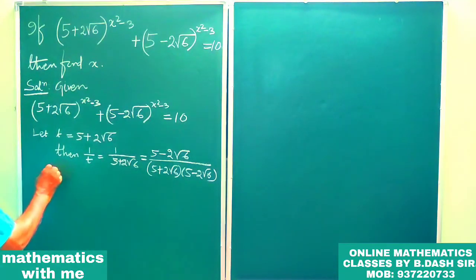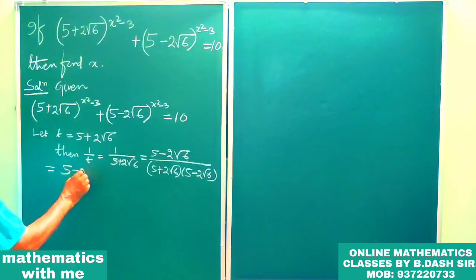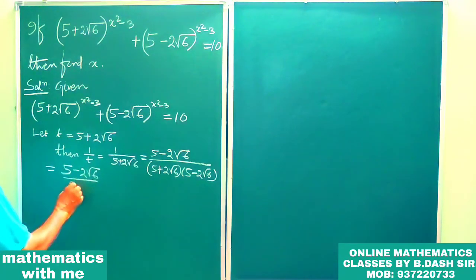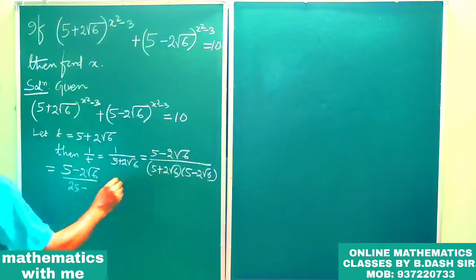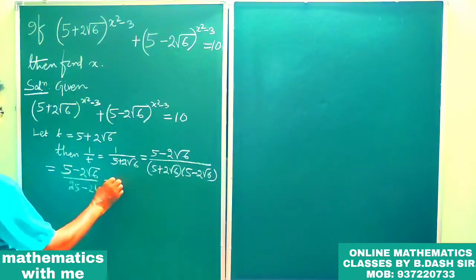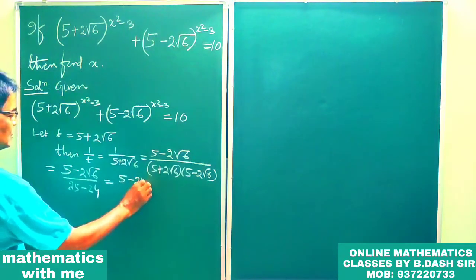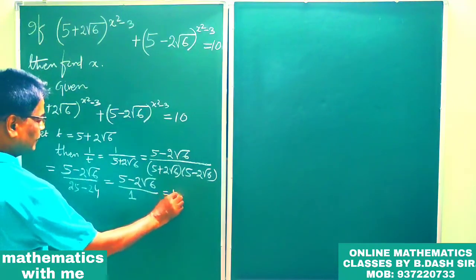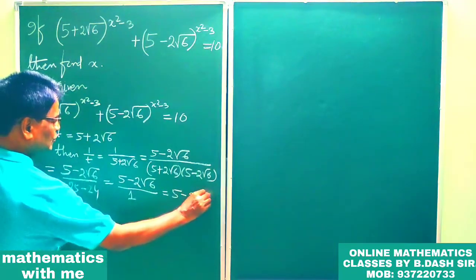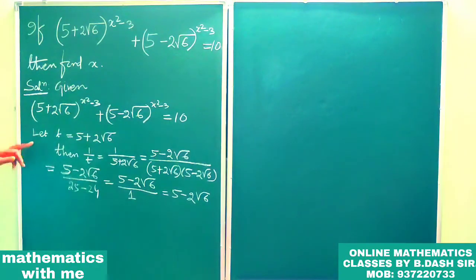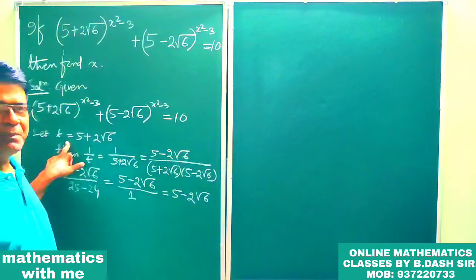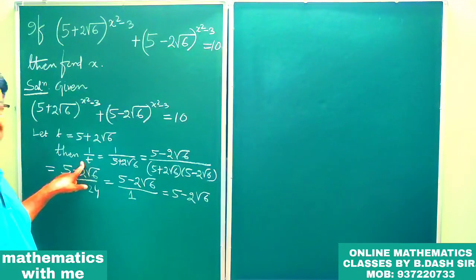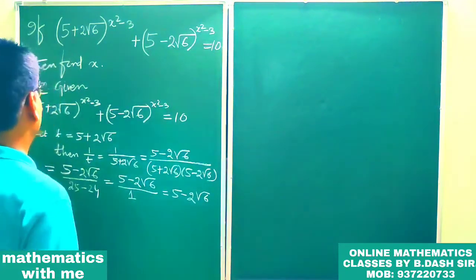This is equal to 5 minus 2 root 6 divided by 25 minus 4 into 6, 24, which is equal to 5 minus 2 root 6 divided by 1, which is equal to 5 minus 2 root 6. So, if we take t is equal to 5 plus 2 root 6, then we get 1 by t is equal to 5 minus 2 root 6.